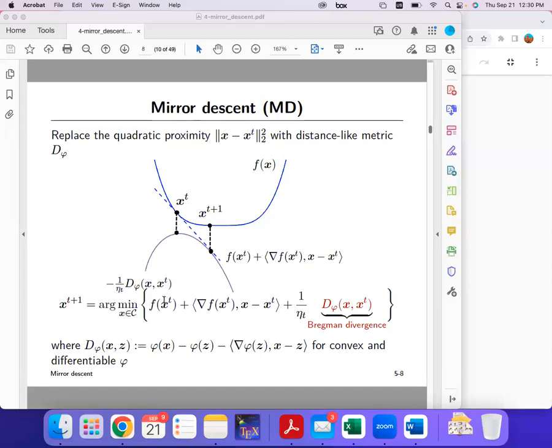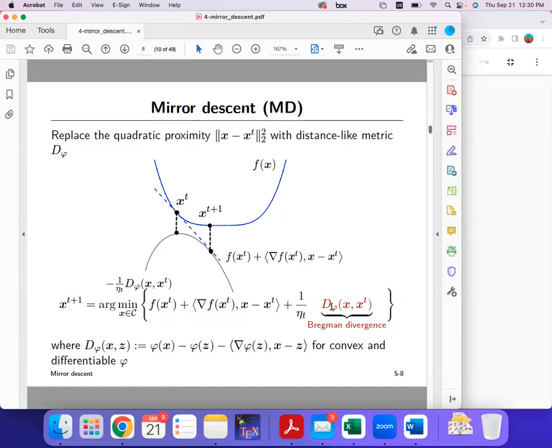What we do is a first order Taylor expansion plus a divergence term. This is a constant, this is a linear function in x, a linear approximation, and this is a divergence term that controls the step size between x and x_t.